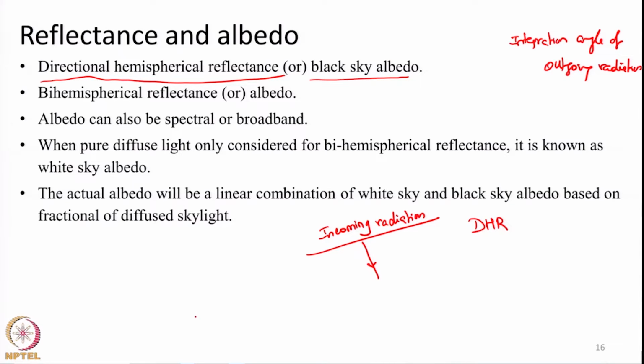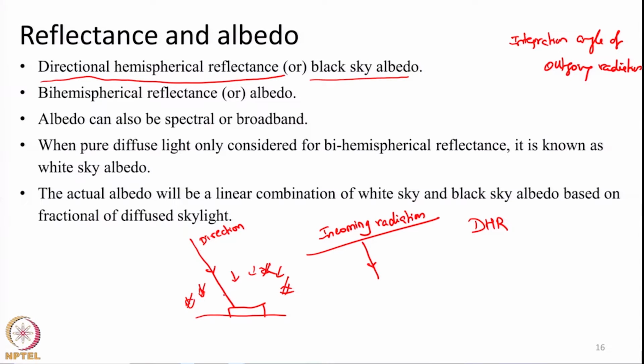I already told you that during very bright, extremely clear sunny days, we can assume the solar radiation to be coming from one particular direction. Assume the sky is totally clear and the diffuse component is entirely absent. Hence, the incoming radiation is coming from only one direction.